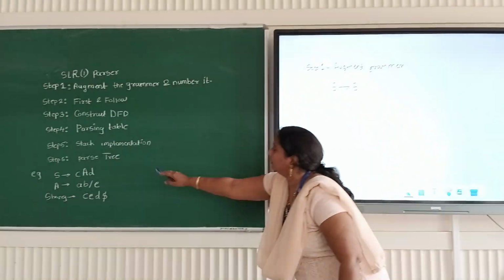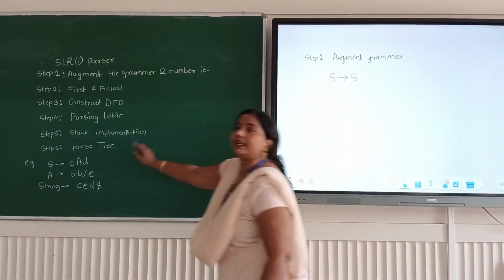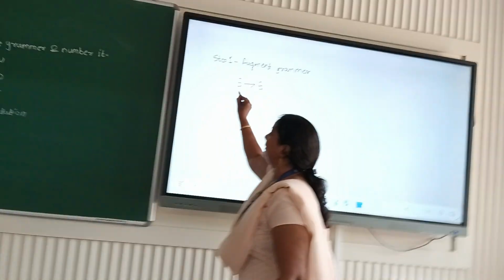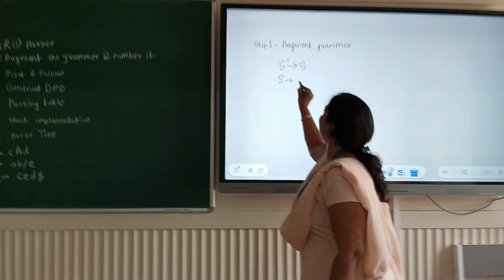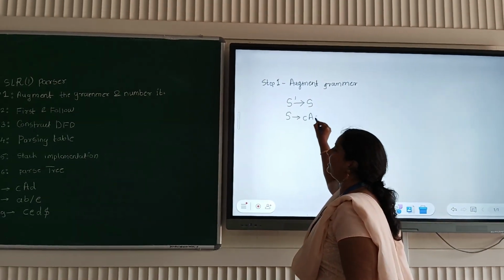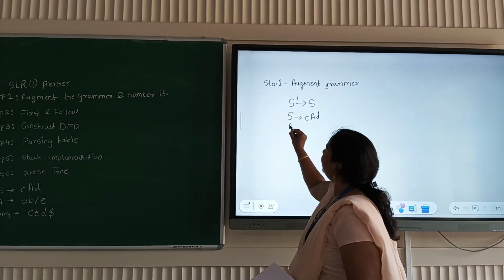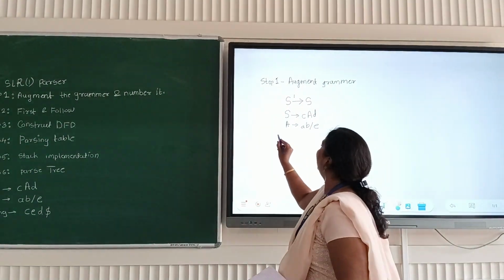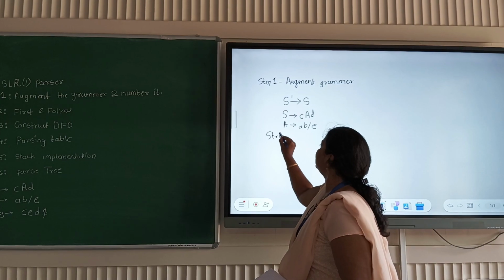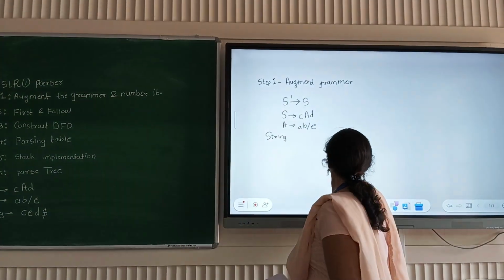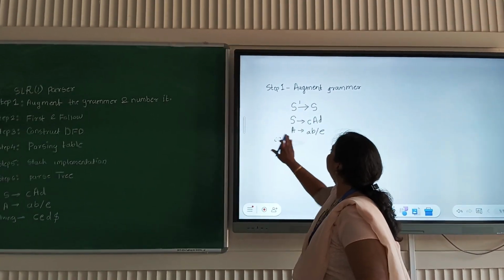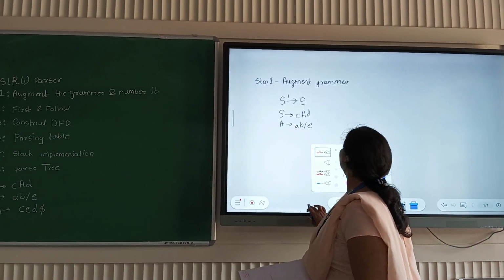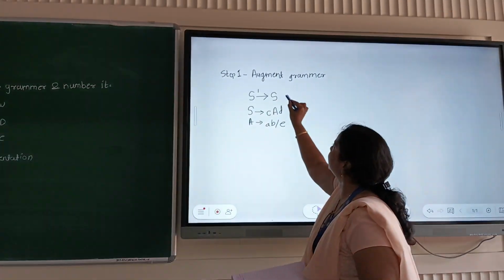Next, all these strings write as it is. S implies CAD, then A implies AB, or epsilon, and the given string is... Then numbering: you require to give a number to each equation.